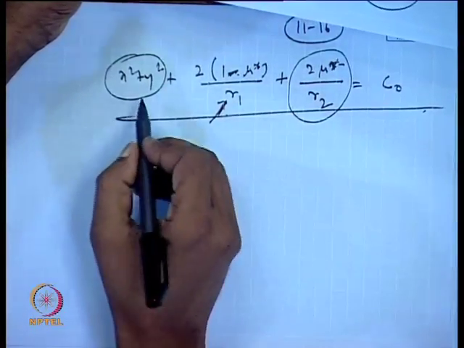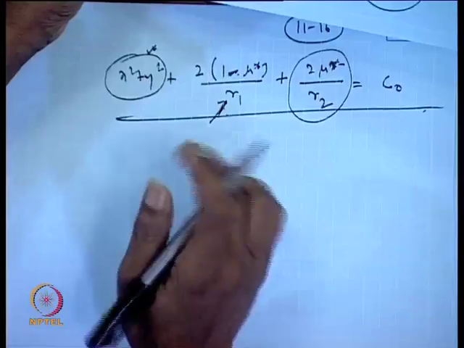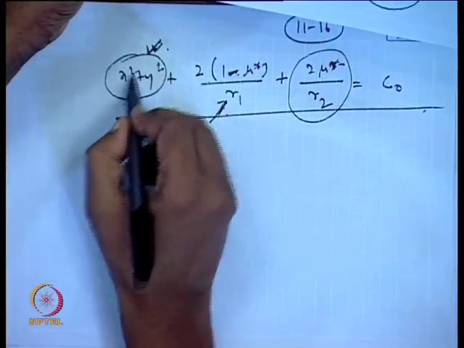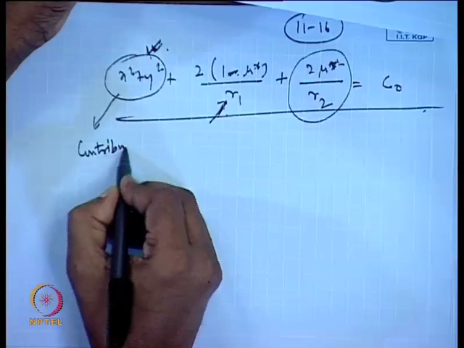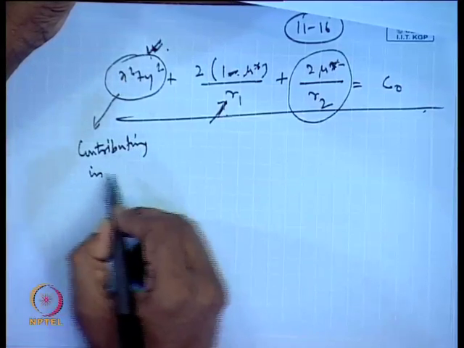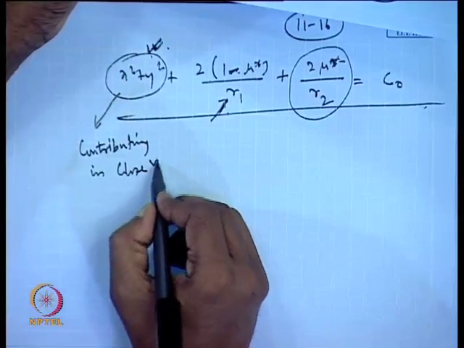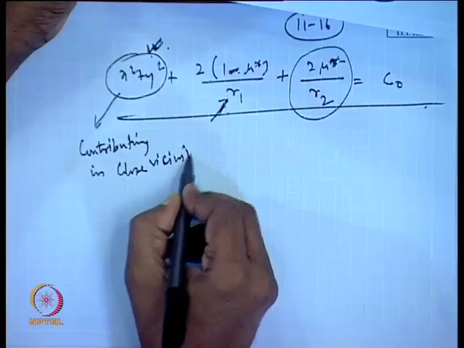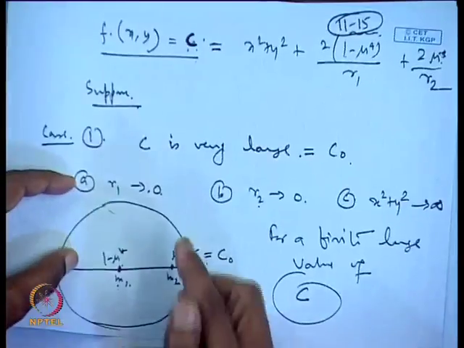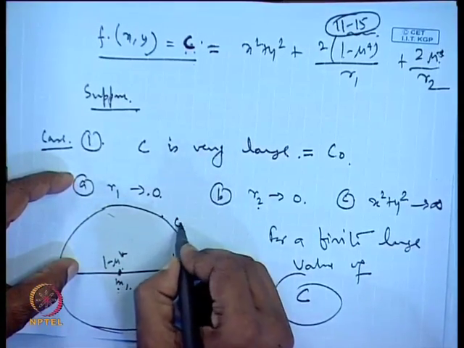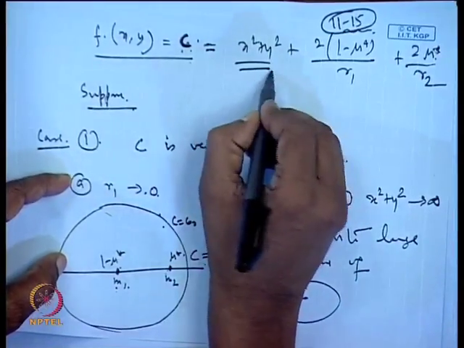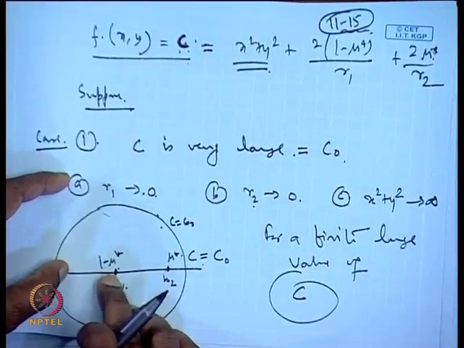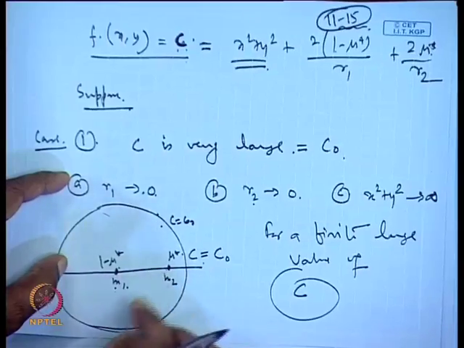In the close vicinity, this quantity is contributing, but once the particle is on this boundary where C equal to C 0, in this place x square plus y square is not contributing, while once it is here, it will tend to contribute.